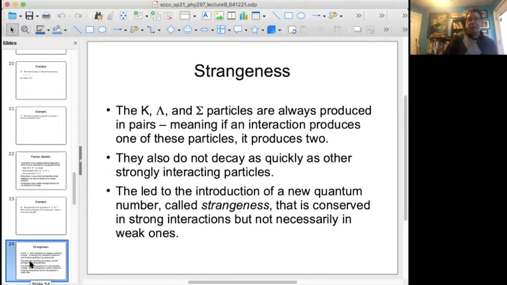This led to the introduction of a new quantum number called strangeness that's conserved in strong interactions, but not necessarily in weak interactions. So if the byproducts of a reaction produce one kaon, lambda, or sigma particle with a positive strangeness, then they'll produce another kaon, lambda, or sigma particle of the opposite strangeness.